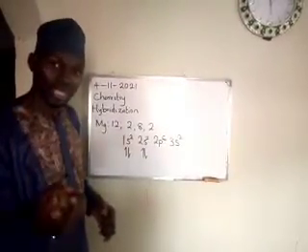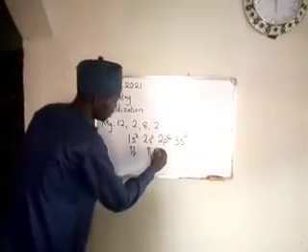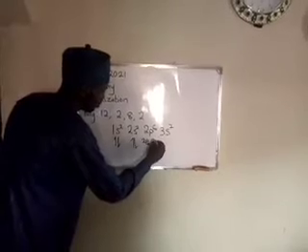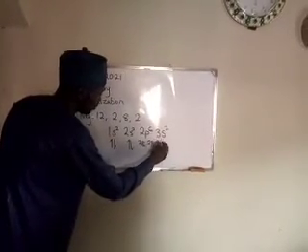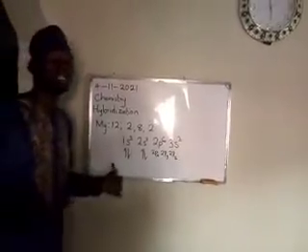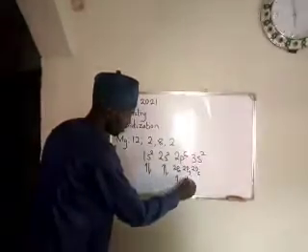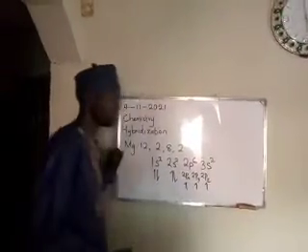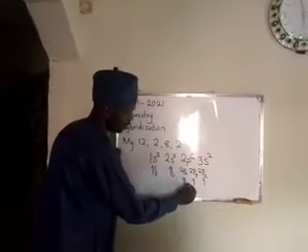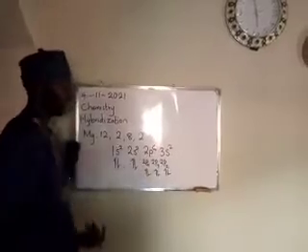We have the px, py and pz. So we have 2px, 2py, 2pz. For this, you are going to arrange it: 1, 1, 1, then 4, 5, 6. You see we have 6, isn't it?